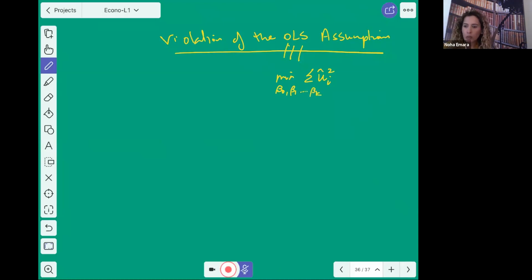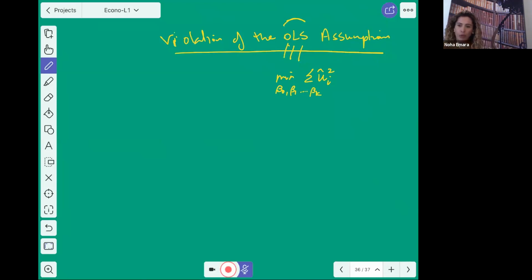So ordinary least squares, because we have different types of estimation methodology. The one that we're discussing today, or actually week 1, week 2, week 3, week 4, is actually about the ordinary least squares. So in today's topic, we're going to talk about the violation.